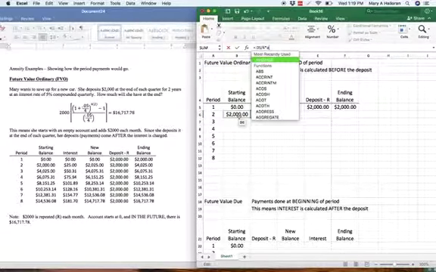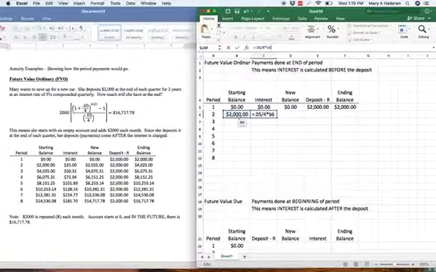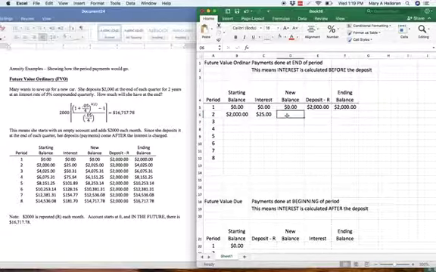There we go. I'm multiplying the interest rate, 0.05 divided by 4. I got $2,000 in my account. So this $2,000 is going to make $25 worth of interest. So my new balance is 2,000 plus 25. I've got 2,025 in my account now.